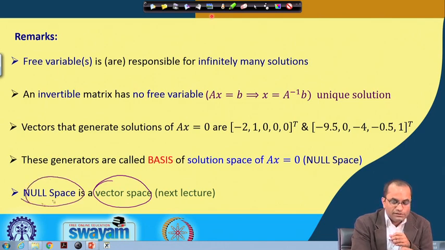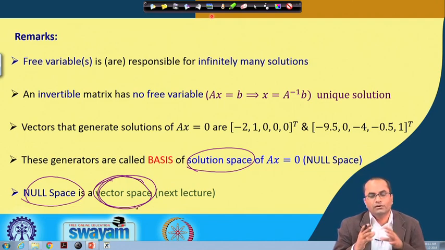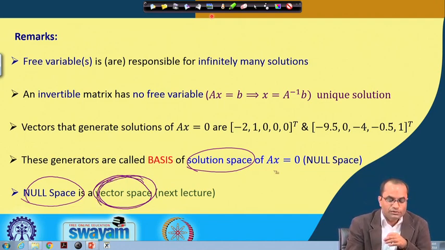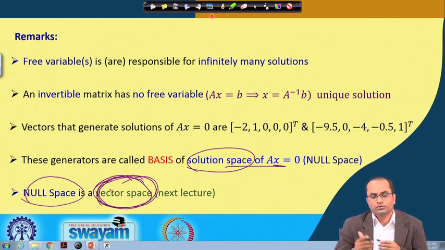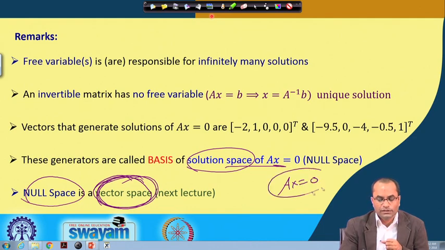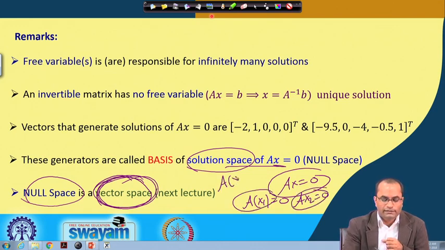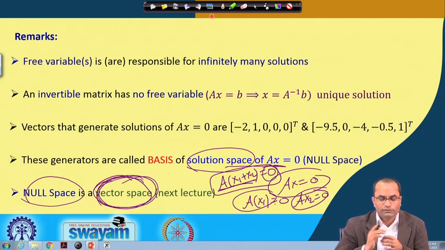So, this null space, which is the solution space here, is a vector space, and there are some properties of the solution set which we are talking about, which will later be called a vector space. For instance, if we add two solutions, the new solution will also be a solution of the Ax is equal to 0 equation, because if x1 satisfies this and x2 also satisfies this, then x1 plus x2 will also satisfy the equation, because Ax1 plus Ax2 are both 0.